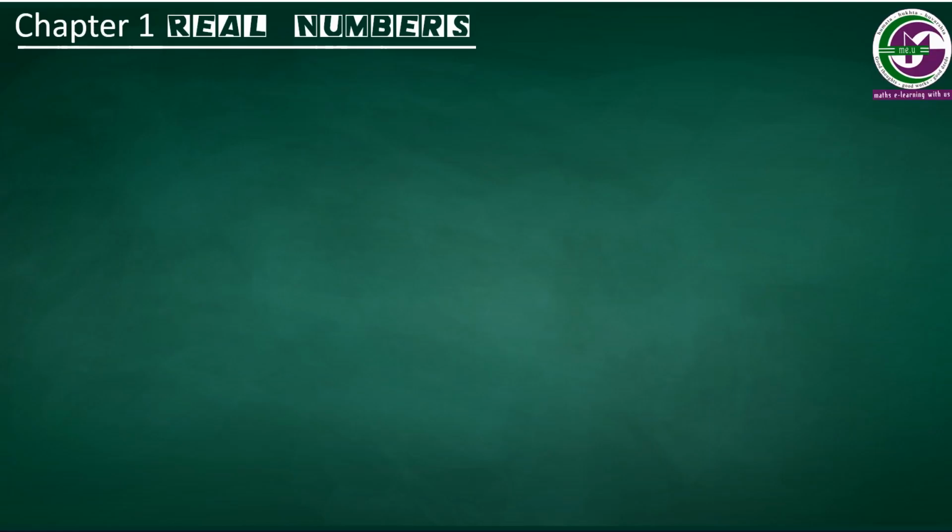The first application of Euclid's division lemma is to find the HCF of two numbers. What is HCF? We studied it in smaller classes, right? HCF, highest common factor between two numbers. So we had different methods in lower classes. We used the factorization method, or writing all the factors.